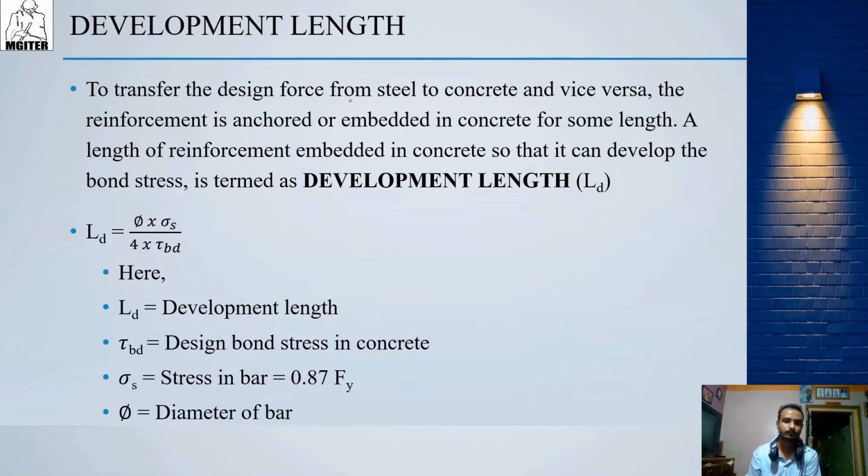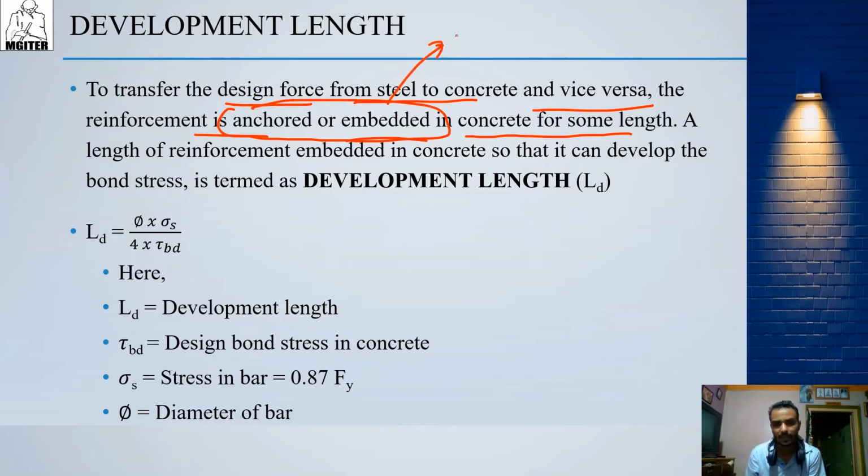Development length. What is development length? To transfer the design force from steel to concrete and vice versa, the reinforcement is anchored or embedded in the concrete for some length. What is embedded? Embedded means extra length.